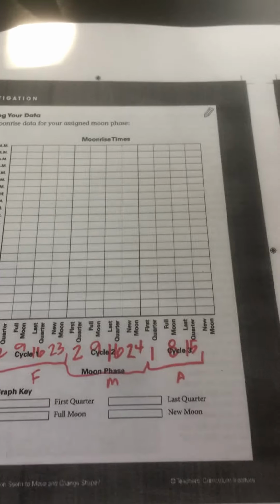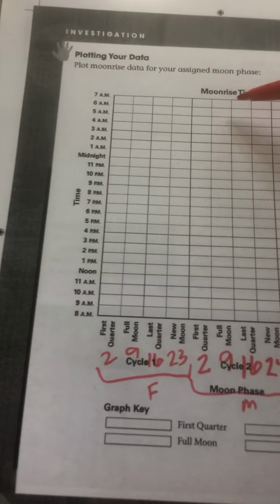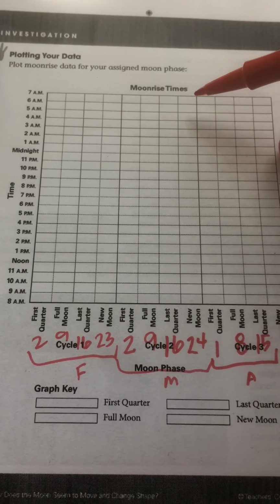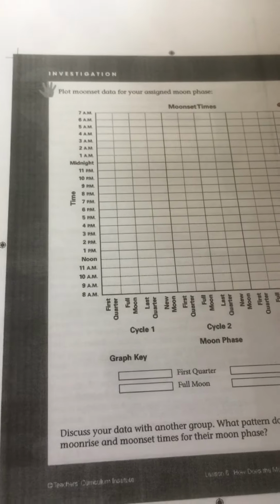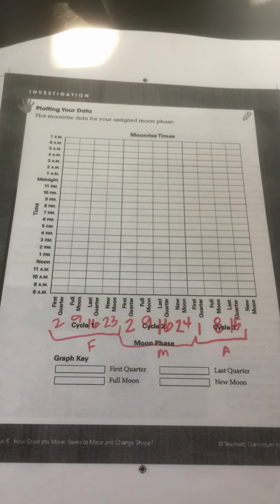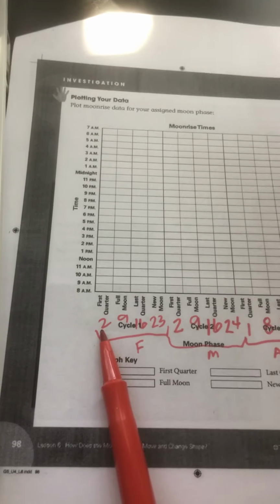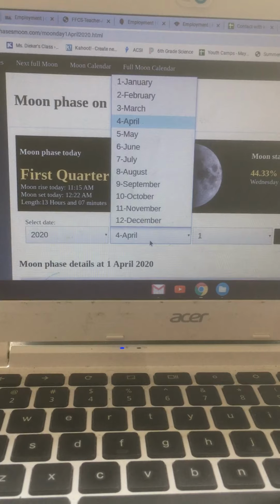I did some little research, but we are gonna make a graph for the moon rise times and the moon set times. So let's pay very close attention here. We're gonna do a lot of graphing. You can pause the video anytime you want, but we're gonna start all the way back at February 2nd. So I'm gonna go back to February 2nd.